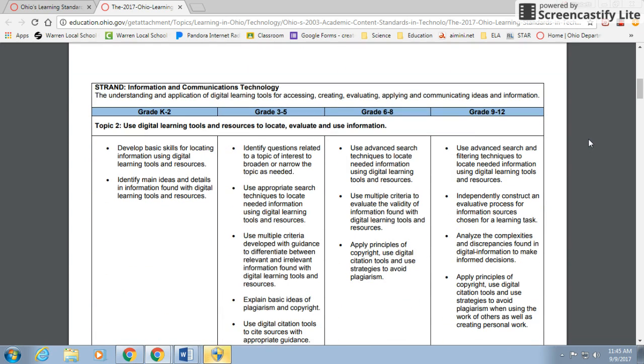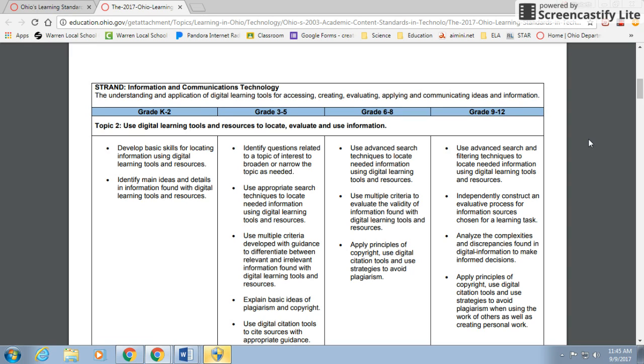Topic 2, you want to use the learning tools and resources available to evaluate and use information. So basically this means that students already know how to research something, they know how to go onto Google and ask a question and then have many websites available to them, or whatever search engine they're using at that time.